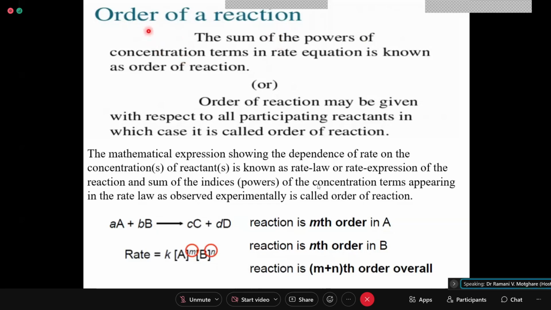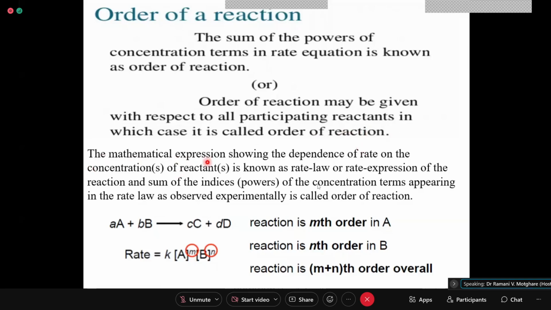Okay. Order of reaction. So what is order of reaction? The sum of the powers of concentration terms in the rate equation is known as the order of reaction. The order of reaction may be given with respect to individual reactants, or with respect to all participating reactants, in which case it is called the overall order of reaction.